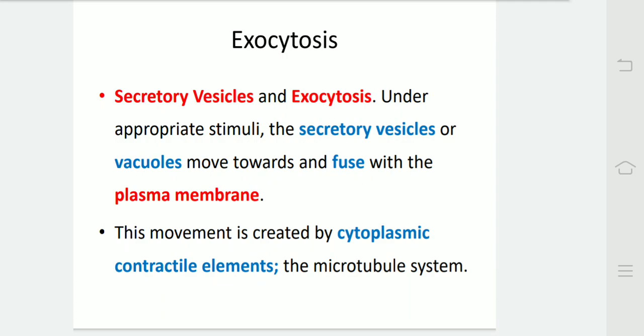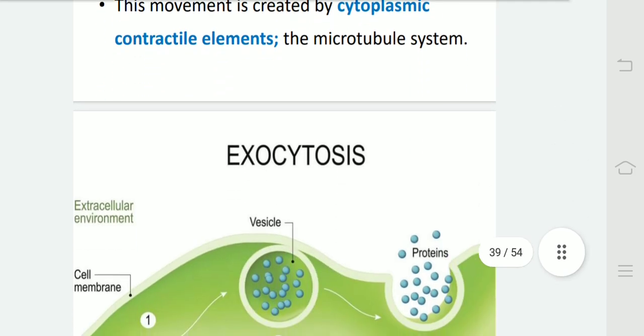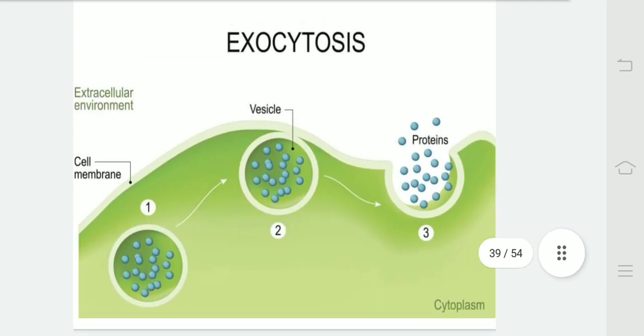Secretory vesicles and exocytosis. Under appropriate stimuli, the secretory vesicle or vacuole moves towards and fuses with the plasma membrane. This movement is created by cytoplasmic contractile elements and the microtubule system. In the diagram, we can see exocytosis.